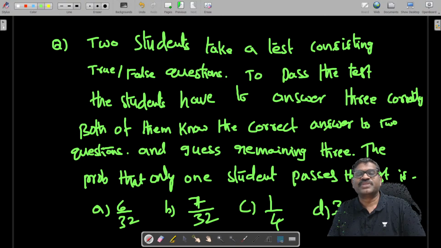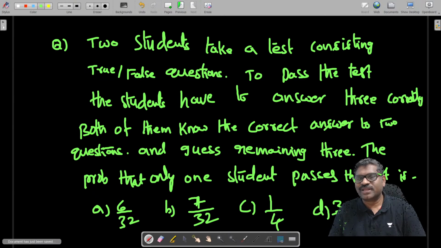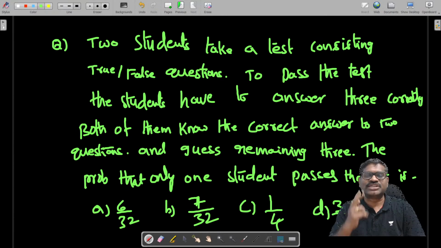Please observe. There are 5 questions. A student passes the test if they answer 3 questions correctly. Both students know 2 questions correctly, so the remaining 3 they guessed. In the remaining 3 guessed questions, if at least one answer is correct, the student will pass.